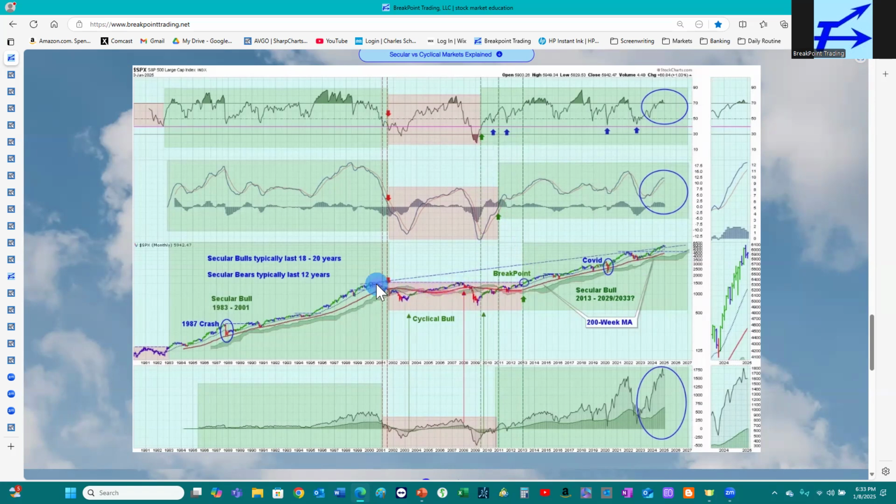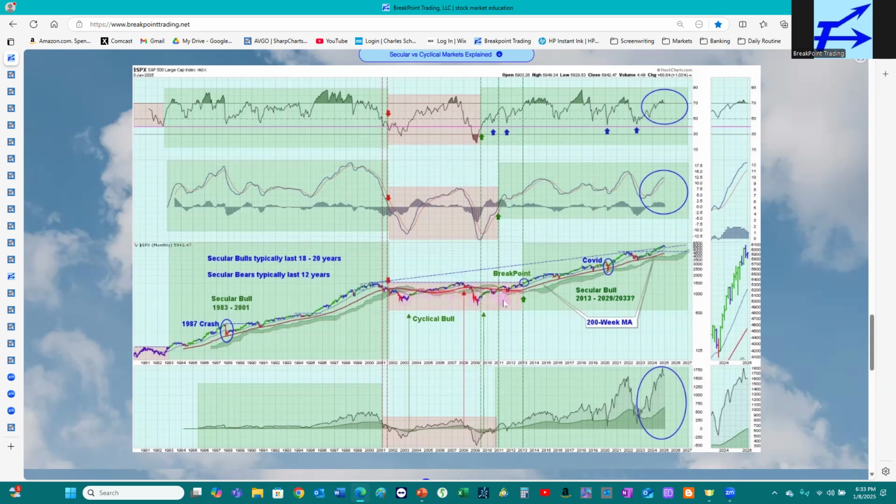So in 2001, with the dot-com crash, it went down here. In 2003, it started coming back up, and you might have said, okay, that was the bottom. Well, it never could get back above that high. Of course, that was the financial crisis, but I can't tell you why or when or what is going to cause it, but something will, because secular bear markets usually last about 12 years.